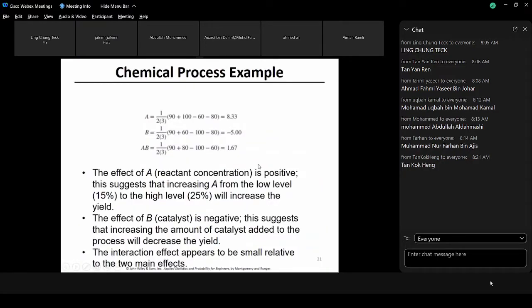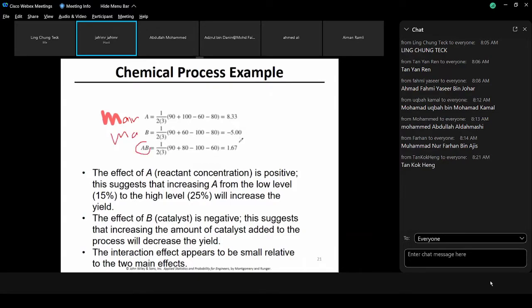In this example, you can use this to calculate main effects. This one calculates the main effect of A, main effect of B, and then interaction effect of AB.